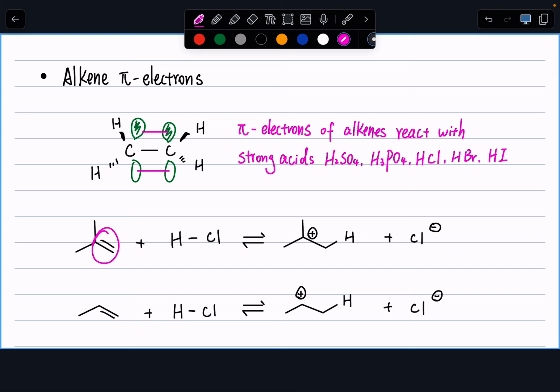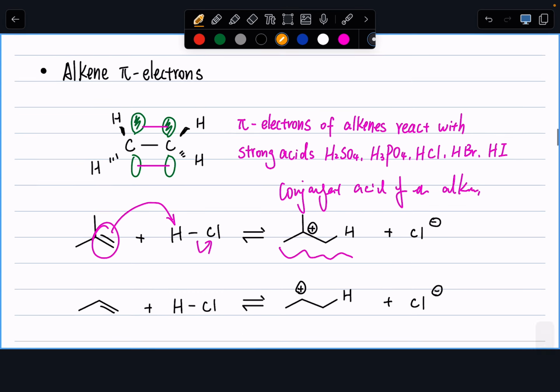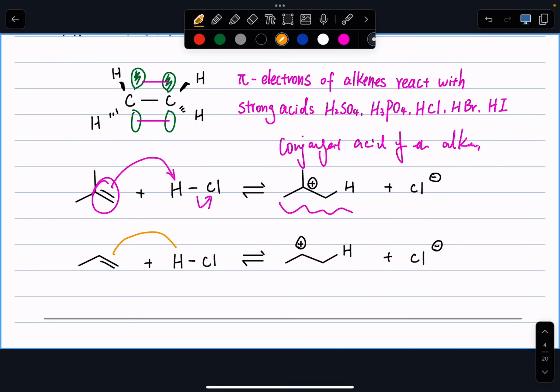So the pi bond here, we can add it to a Bronsted acid and break the chemical bond. Now this carbocation becomes the conjugate acid of the alkene. The same applies to the bottom one. The alkene attacks the hydrogen, the electrons in the bond go to the chlorine, and this becomes a conjugate acid.